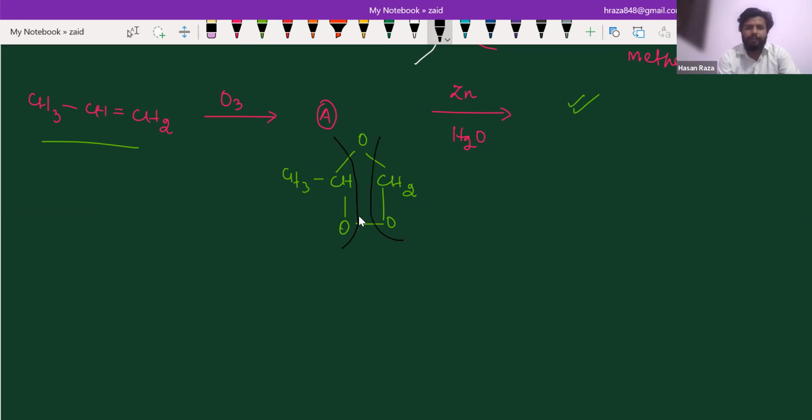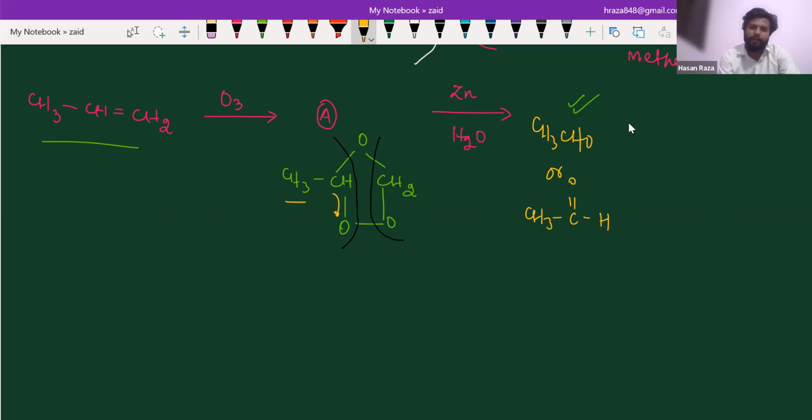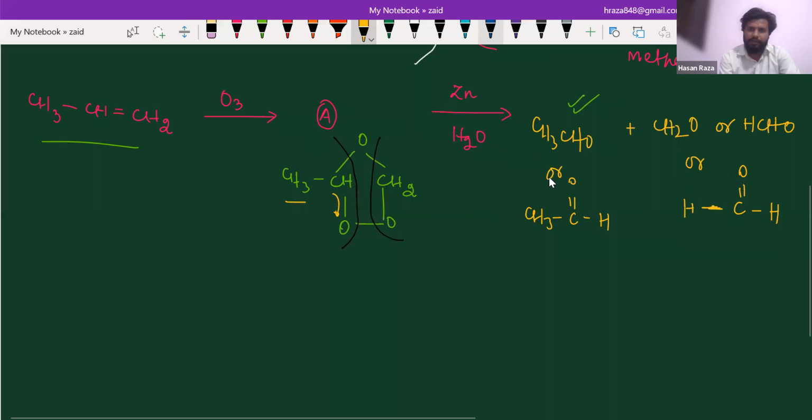Now you can see what you have on the left hand side, CH3CHO. Or if you want to write it, C double bond O, that's very good. And this is CH2O, or you can write HCHO, that is basically H-C double bond O-H.